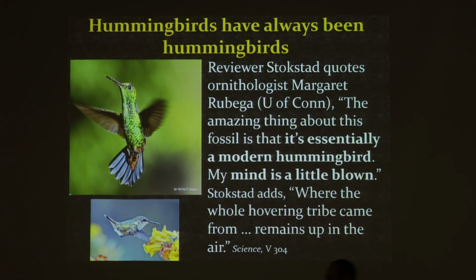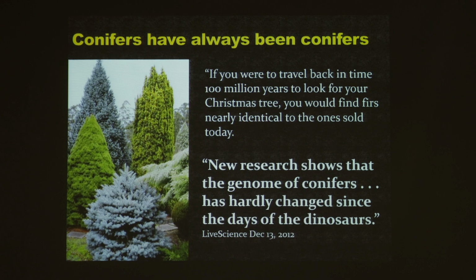Ornithologist Margaret Rubega was given a fossil of a hummingbird, and she says, the amazing thing about this fossil is it's essentially a modern hummingbird. My mind is a little blown. And the interviewer adds, where the whole hovering tribe came from remains up in the air. We don't even know where the hummingbird came from, but also, in supposedly millions of years, it's just stayed the same. Hummingbirds have been hummingbirds.